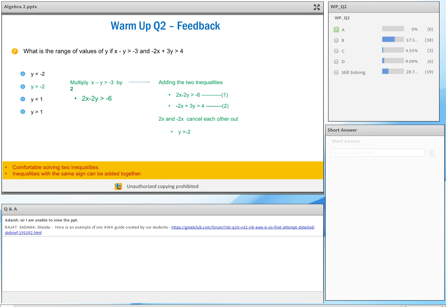Again, I'm not sure what was complicated with this question. So tell me, for those of you who did not select choice B, where did you get stuck? That is the kind of feedback that you should get from this session. That's the kind of introspection that you should do after reviewing the solution and comparing your approach with what I present in terms of the solution. So tell me, why did you face problems with this question?